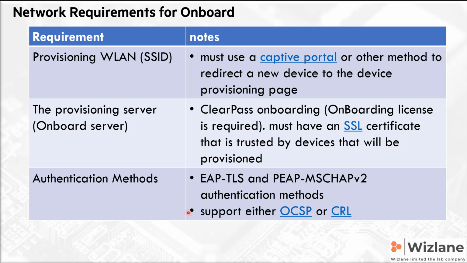Obviously, as best practice, we would like to include the Online Certificate Status Protocol, OCSP, or the older implementation, the certificate revocation list, CRL. So these are, broadly speaking, the main requirements.